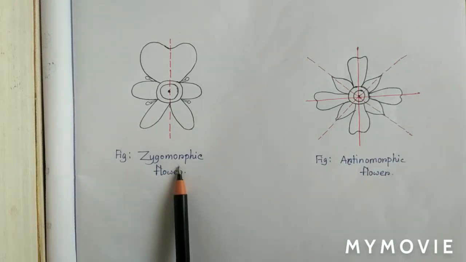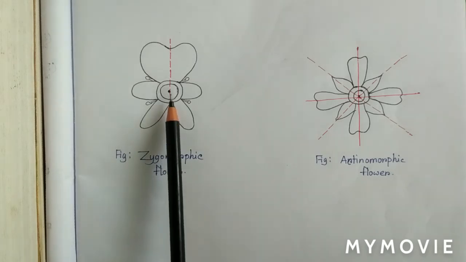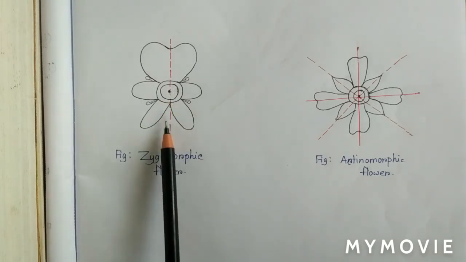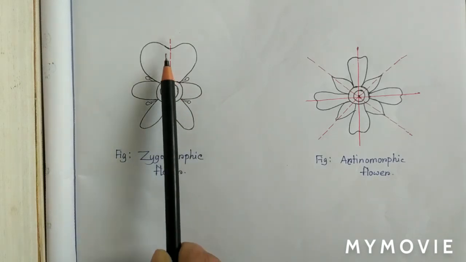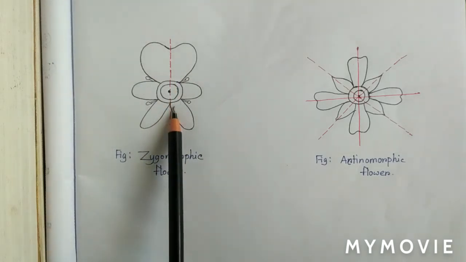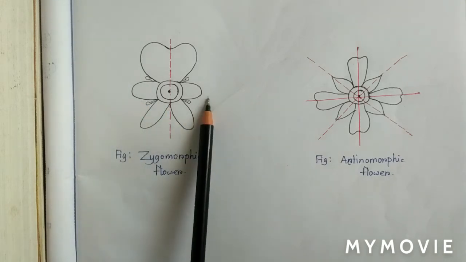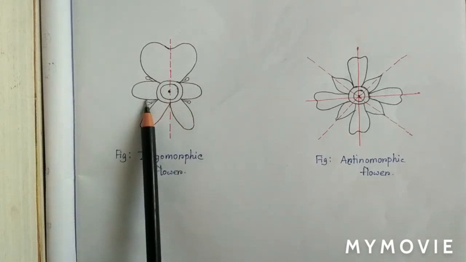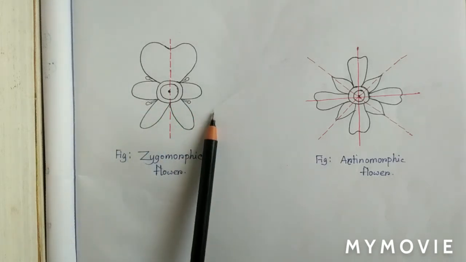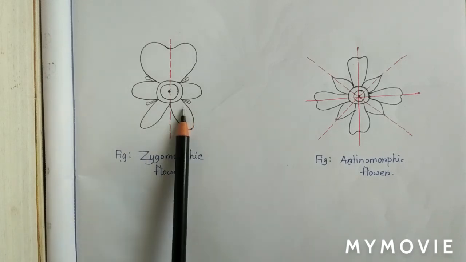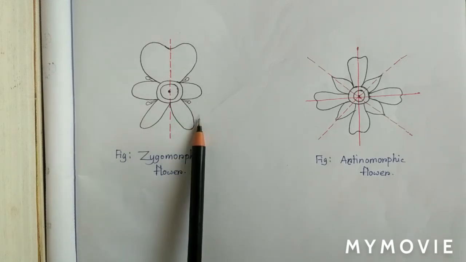Now comes zygomorphic. Zygomorphic means they are bilaterally symmetrical, meaning flowers can be bisected into two halves in only one plane. See, it's only one plane, but the two halves are symmetrical with each other. Our human body is also bilaterally symmetrical in nature.